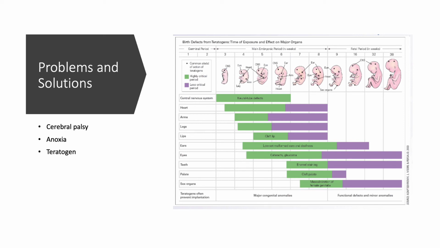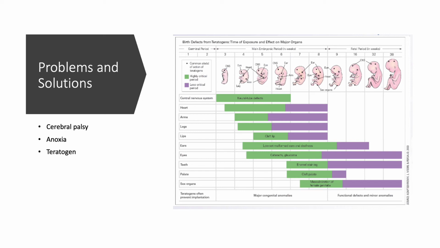If you look at the attached chart, you see the development in your top row of the fetus and what is developing at what time. So the central nervous system or the heart or the eyes or ears. And then you see things that can happen.